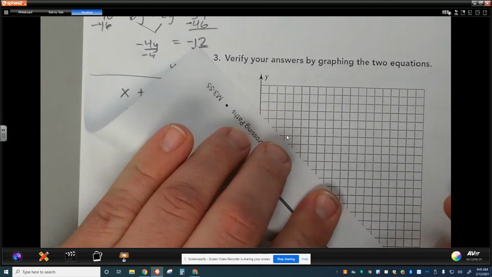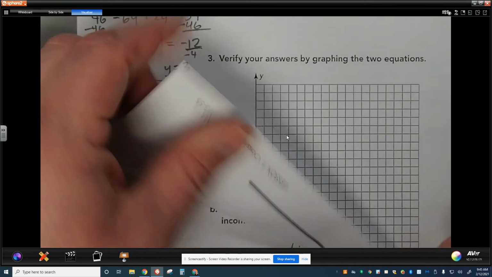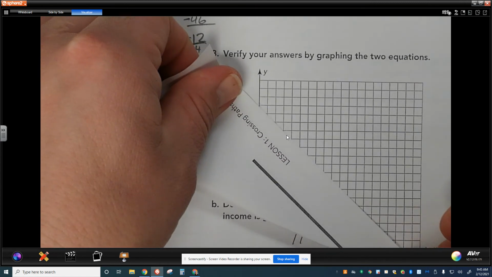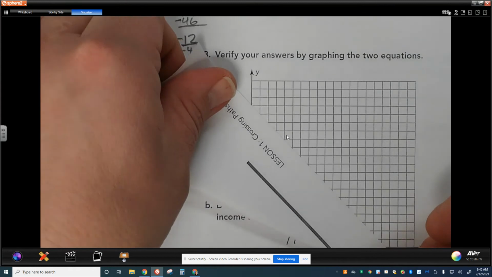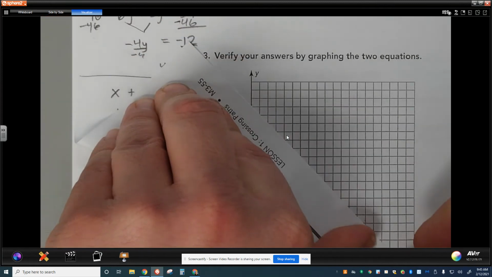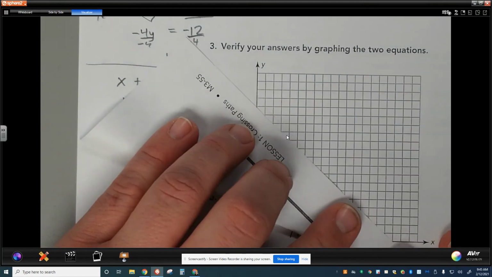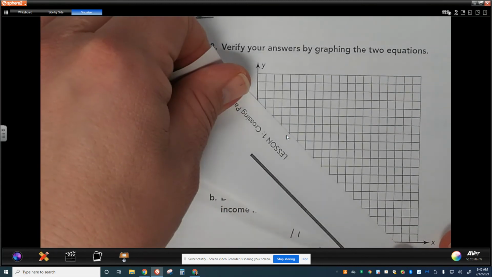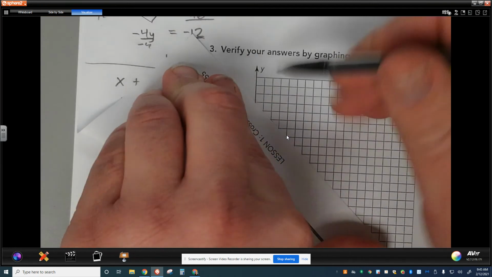I already had these on here before, so I'm just going to copy down what I had before. If I already graphed these two lines, here's what I would see. I would have a line. Oh my goodness, I'm struggling today. It goes right here.